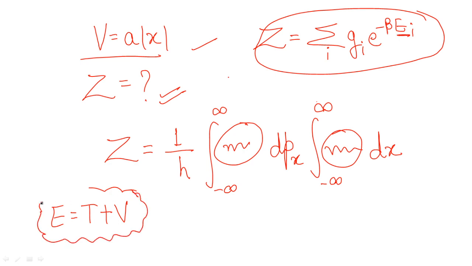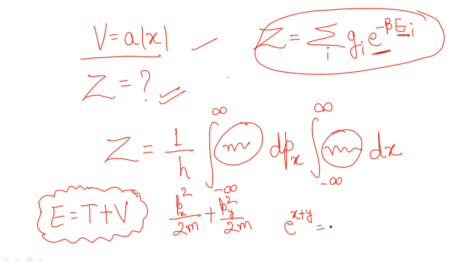Now the point is, what will be the kinetic energy? That will be p square upon 2m. If there is only one variable, you will write px square upon 2m. If there are two variables, you will write py square upon 2m as well, along with px square upon 2m. And then they will be in the power of exponential, so you can separate them out, because you know e to the power x plus y, you can even write it as e to the power x into e to the power y.